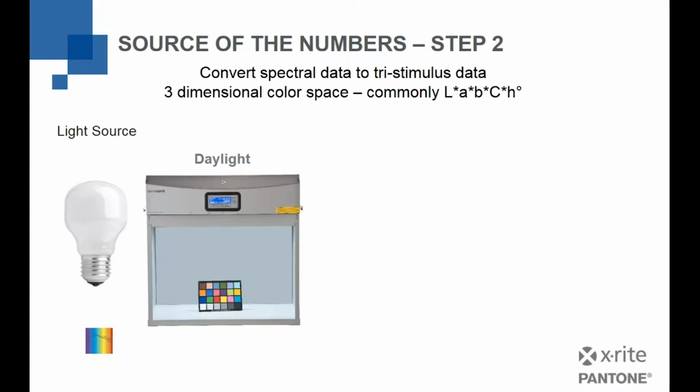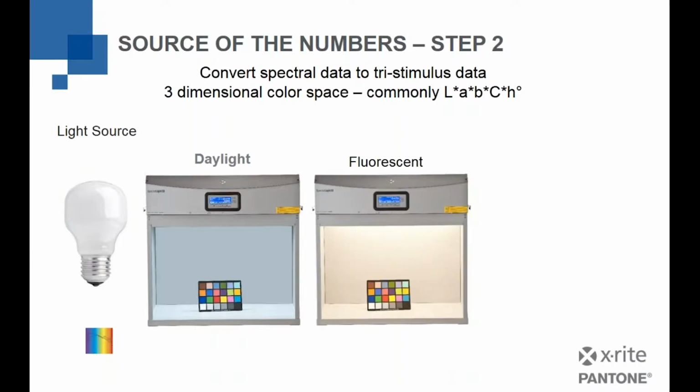As an example, here's a picture of a light booth. It's got what's called a color checker in it, that thing with all the little colored squares in it, and you can see the grayness of the back panel of that light booth. That's what it looks like with simulated daylight turned on. Now the next 2 photos I'm going to show you are the exact same light booth, everything the same in it, except we changed which light was turned on.